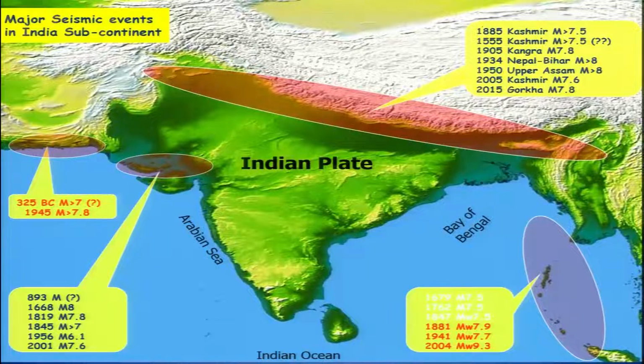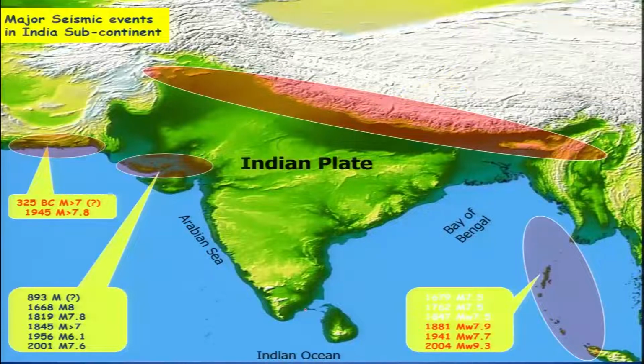Now, based on this historical and present earthquake data, what understanding we can immediately have is that this region, that is the Himalayan collision zone, is vulnerable because it can host large magnitude earthquakes which are going to be damaging earthquakes.